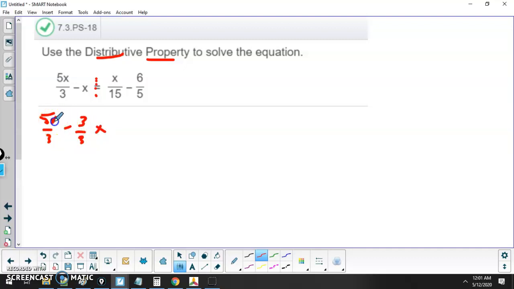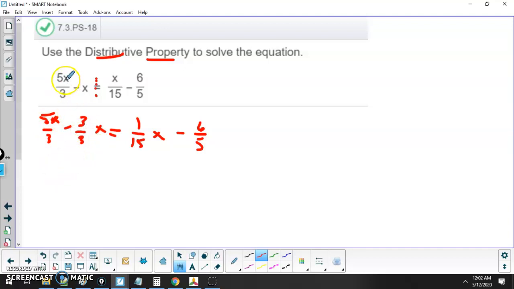So we have 5/3 x minus 3/3 x equals x over 15, which you could write as 1/15 x minus 6/5. All right, next thing, let's combine these two like terms. 5/3 x minus 3/3 x.